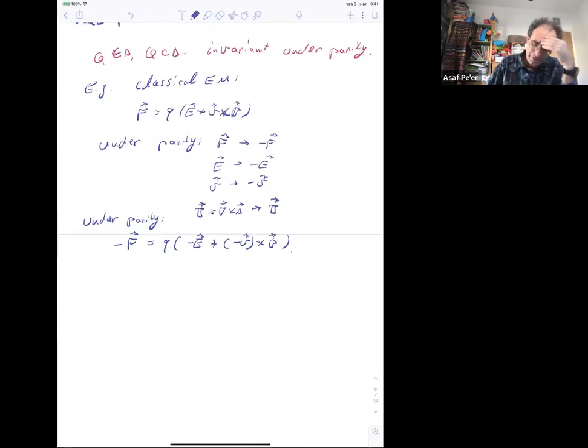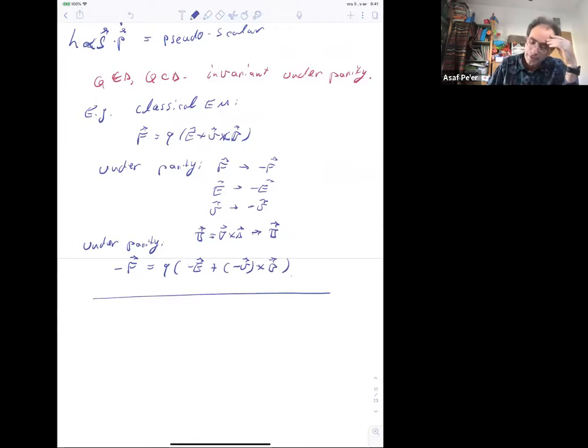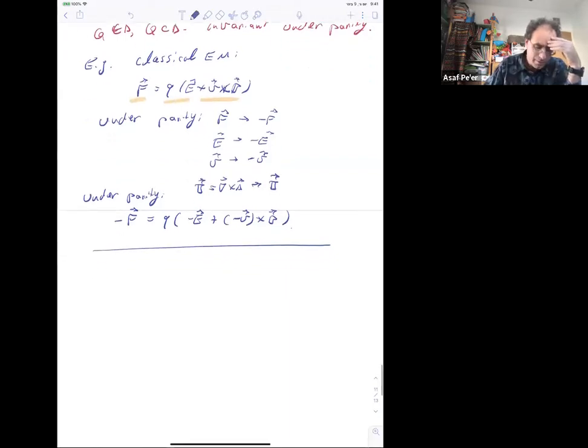Now, another way of thinking of that is to think of the Lorentz force as a vector which is equal to the sum of two vectors. So I have a vector which is C1 times vector V1 plus C2 times V2.